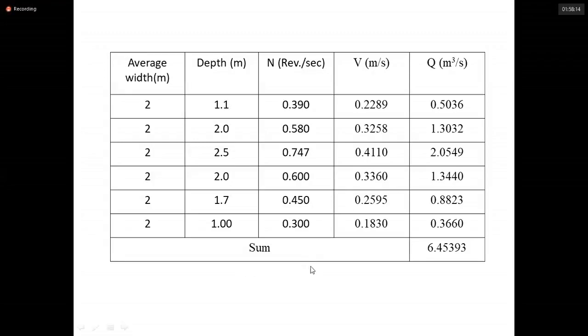At last, you have to give the total discharge from the channel as 6.454 meter cube per second.